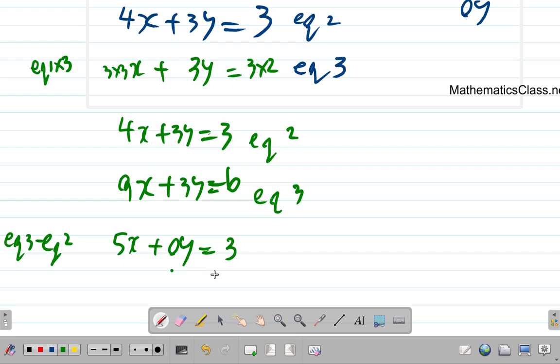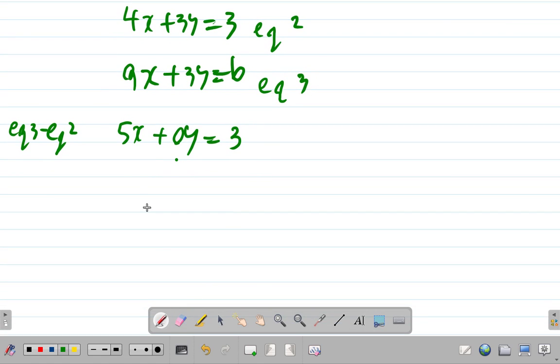Alright? So therefore, what you really have here is 5x equals 3, because we don't need this anymore. 0y is 0. 5x equals 3.